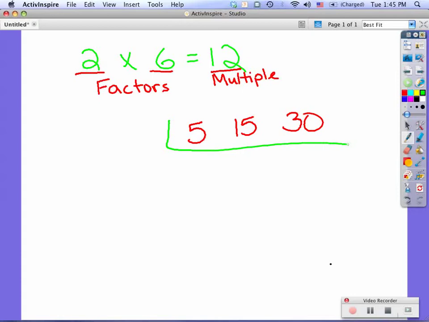And I know that 5 goes into all 3 numbers. 5 goes into 5 one time. 5 goes into 15. 5 goes into 30 6 times. So what is my GCF? 5. GCF is 5.